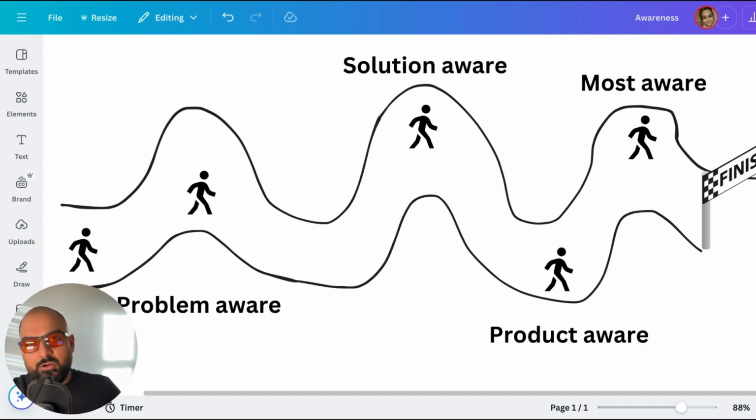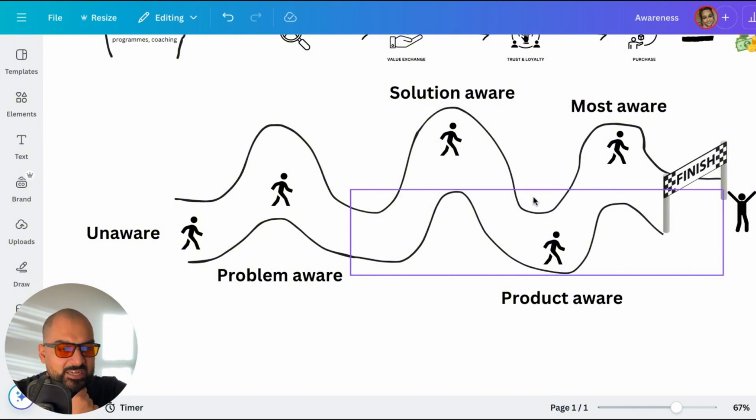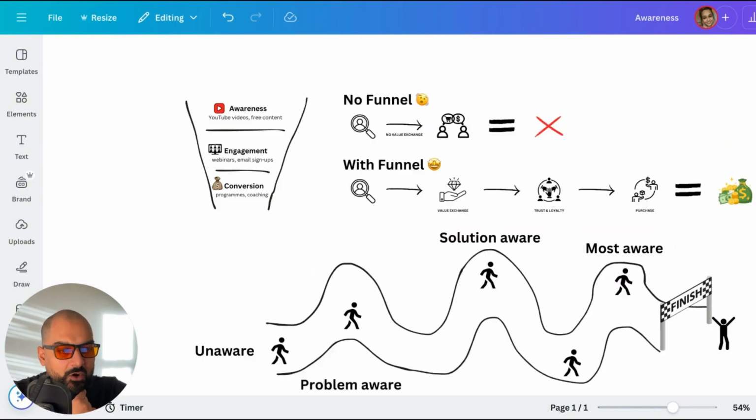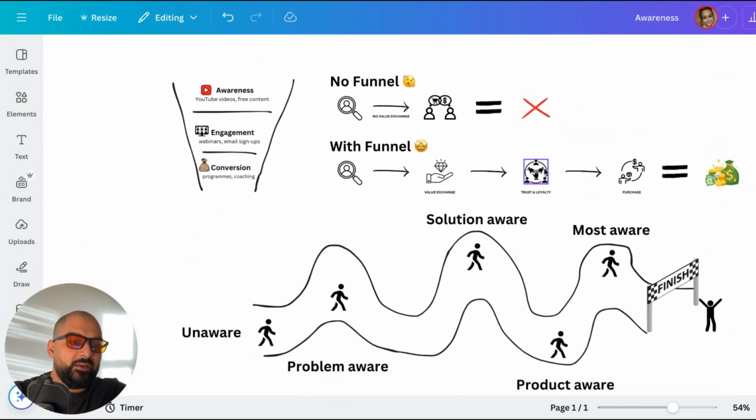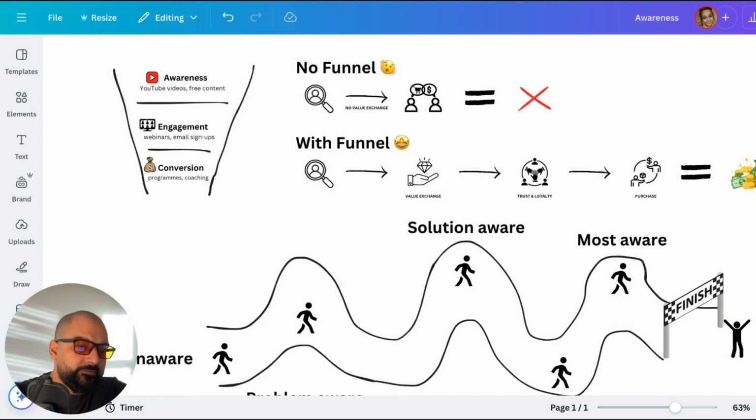They've achieved their goal and you've achieved yours. Your funnel has worked perfectly. You've provided a value. You've provided a transformation for your client, and your client's happy because they've got the result that they wanted. That is essentially an overview of having a coaching funnel.